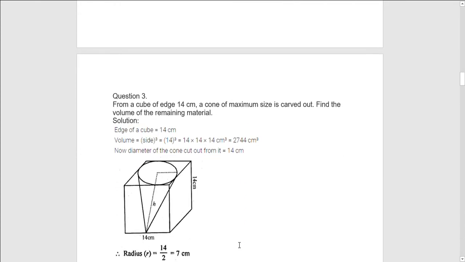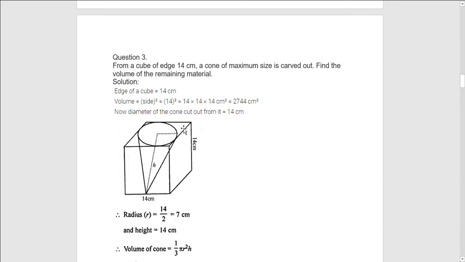Now question number 3. From a cube of edge 14 centimeter, a cone of maximum size is carved out. Find the volume of the remaining material. Again very simple. Cone is carved out from where? From the cube. And side of the cube is 14 centimeter. A similar question.